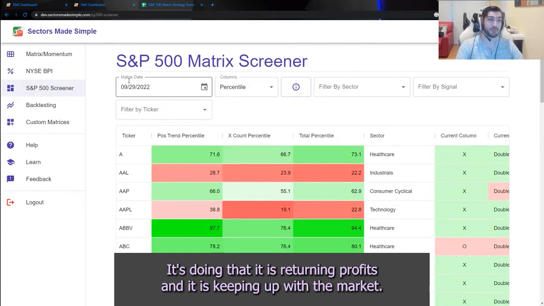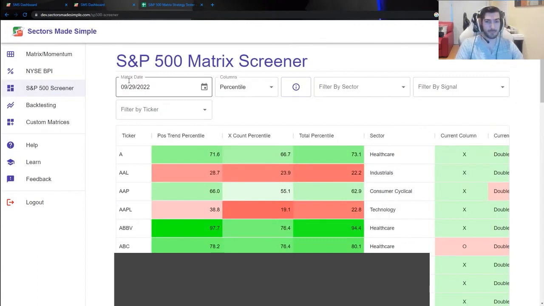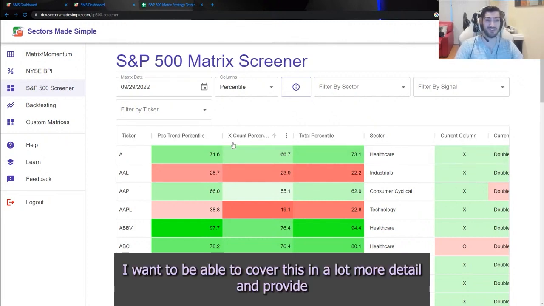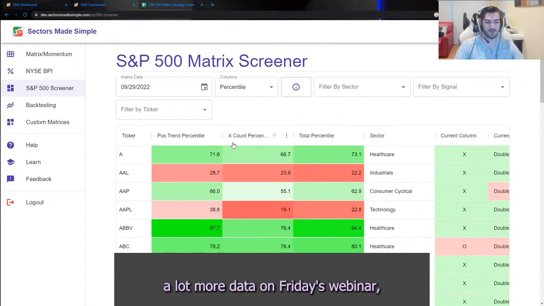It is returning profits, and it is keeping up with the market. This is something that I plan on testing much more. I want to be able to cover this in a lot more detail and provide a lot more data on Friday's webinar, because this is where I see the simple value.